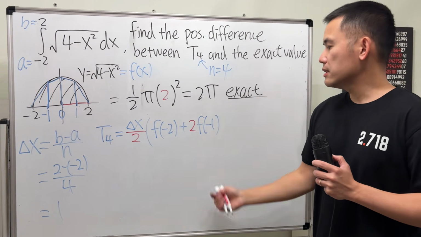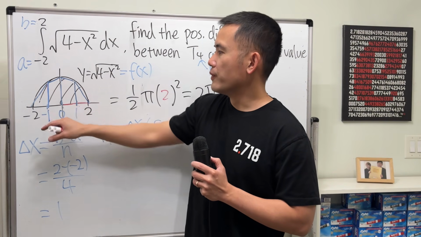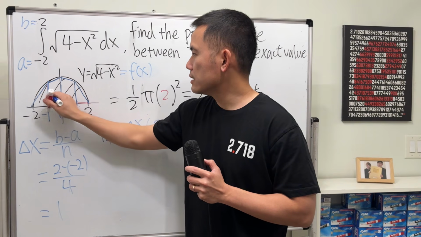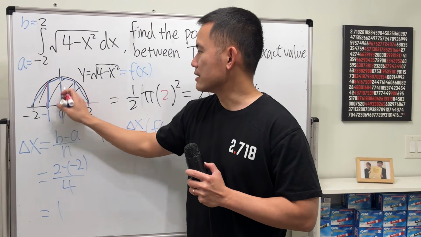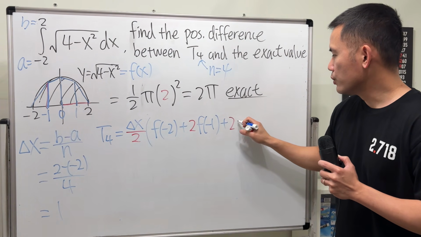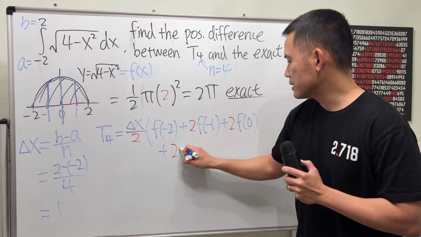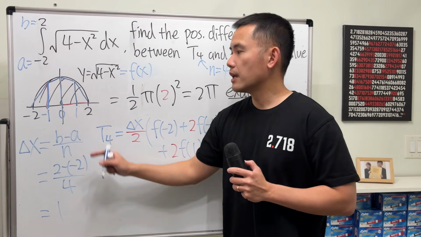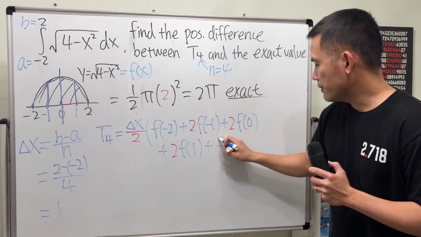And the reason is because f of negative 1 gives you the height right here for the trapezoid, and you have to use it twice. The first time with this one right here, and then the second time with the second one right here. And that's the same for the next one. You do 2 times f of 0, and then 2 times f of the next one. But for the last one, this side is only 1 time. So just f of 2.